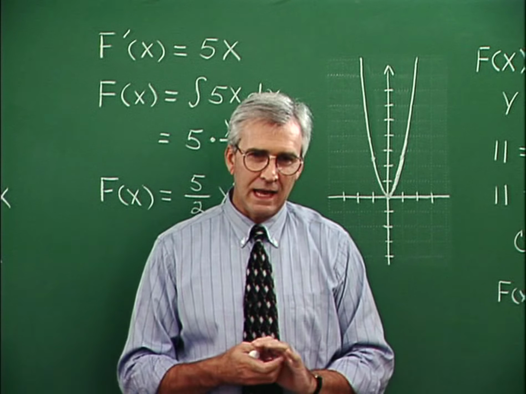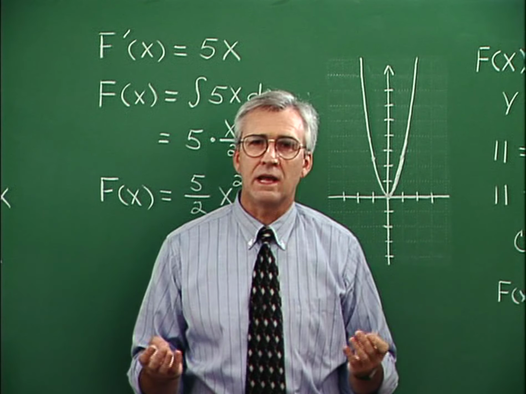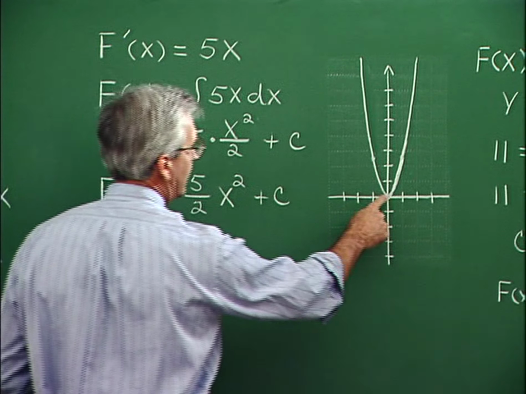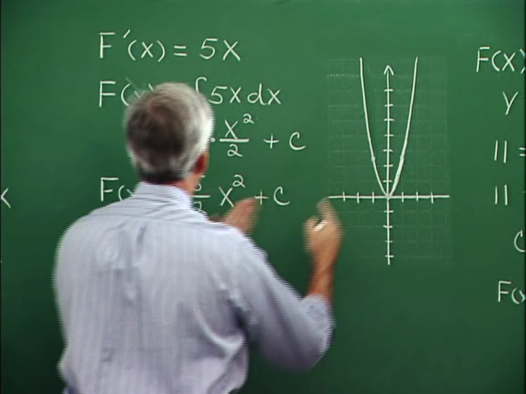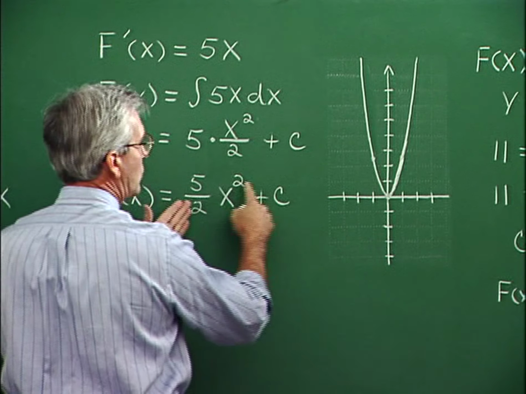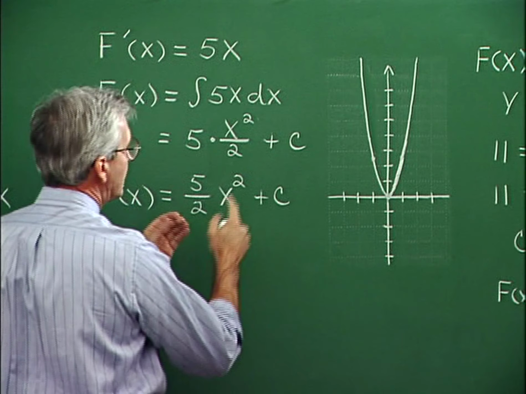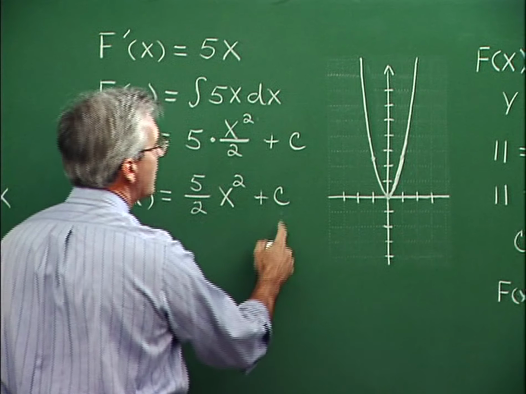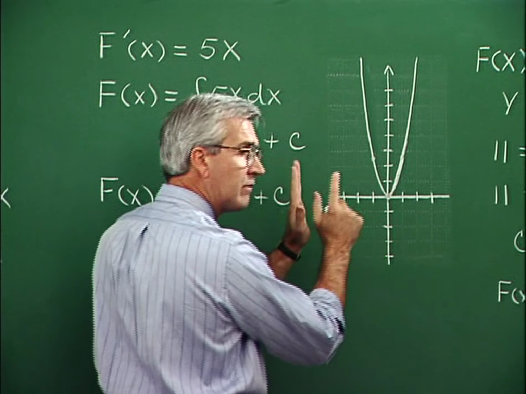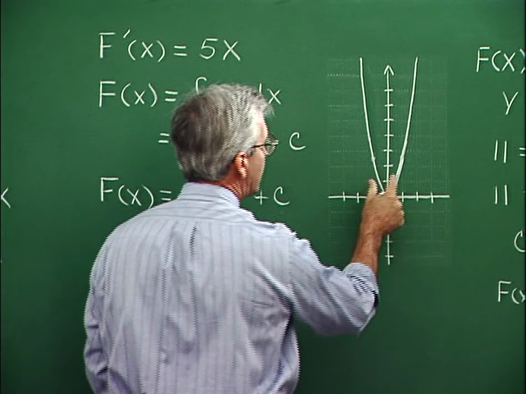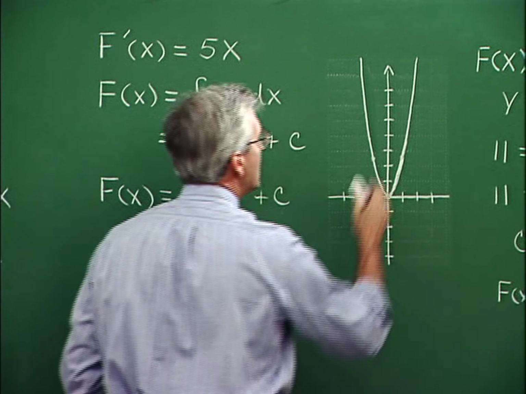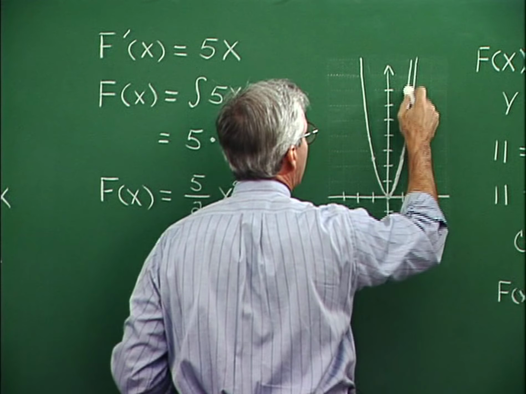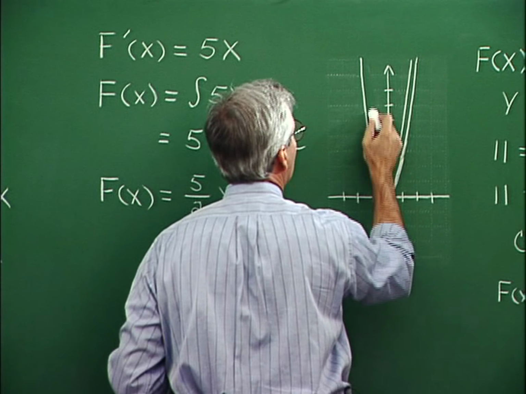So in a graphical form, if c takes on a value like, for example, 0, then the graph looks like this. You see, this is the graph of 5/2 x squared. All right, now if c takes on a different value like +2, let's say, then the interpretation of the graph would be that this graph moves up 2 on the coordinate plane. So the graph then would have this appearance.